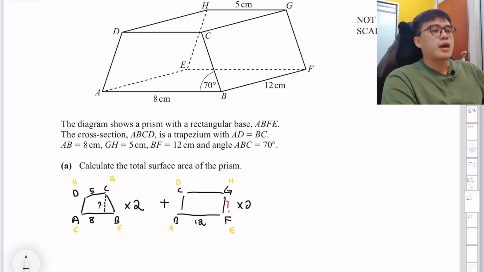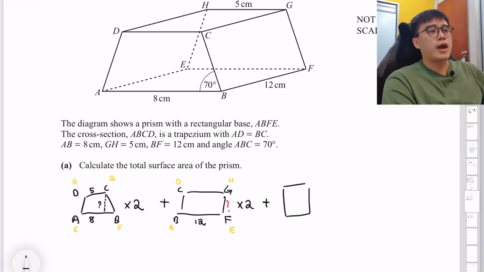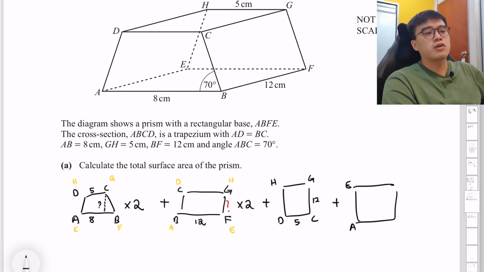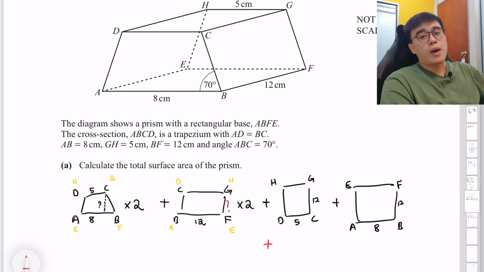And then there's the top, HGDC, and the bottom, EFAB. So I fill up the necessary information. Out of all these shapes, I can only calculate the last 2, the rectangles HGDC and EFAB. They are 60 and 96 respectively.